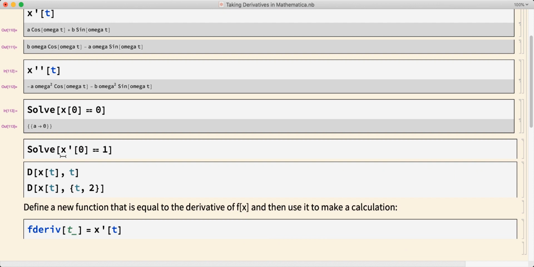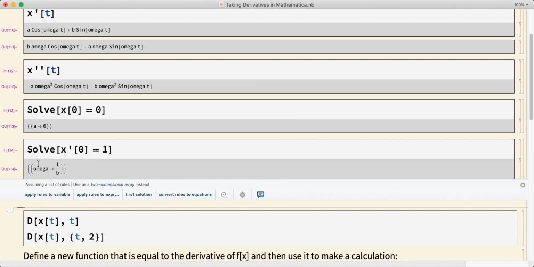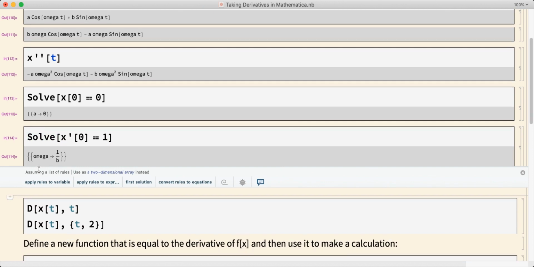This would be like saying for a simple harmonic oscillator that the velocity at t equals 0 is equal to some value. In this case, I'll just use 1. When that's the case, then I have this relationship that omega, that constant, has to be the same as 1 over b, or b is equal to 1 over omega.